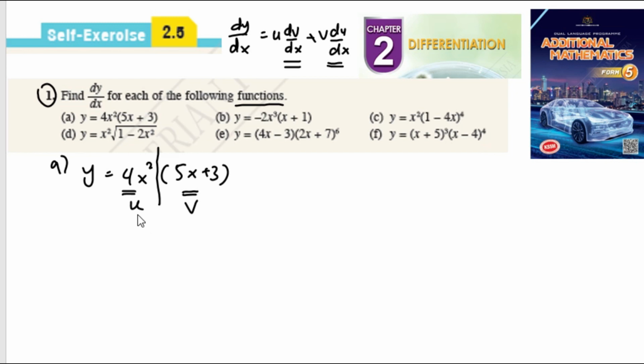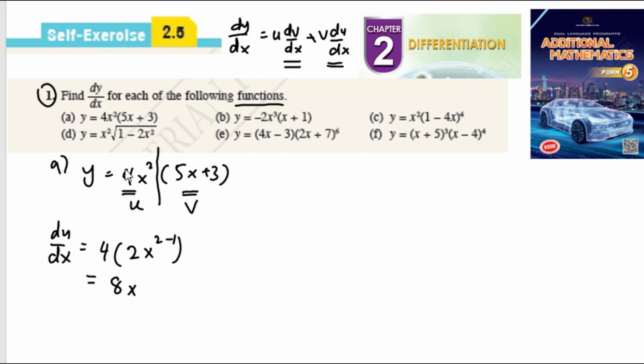Now u is equal to 4x squared, so du over dx: to differentiate this, we bring the power forward, so 2 we bring forward, and then we minus the power by 1, x to the power 2 minus 1. So 4 times 2 is 8, and this one is x.